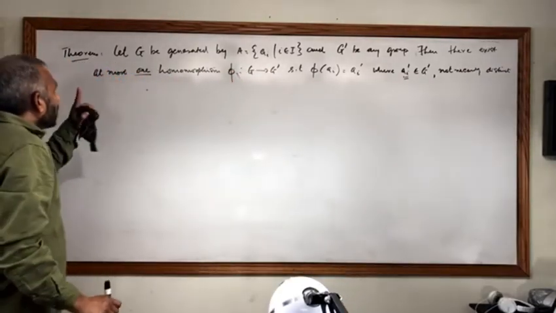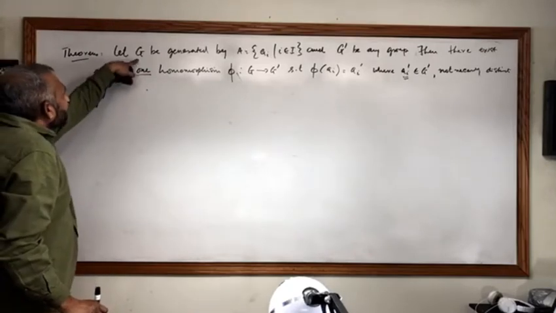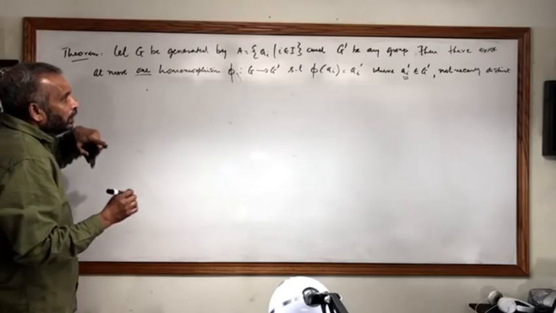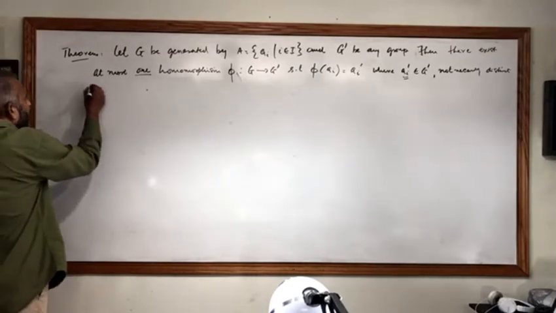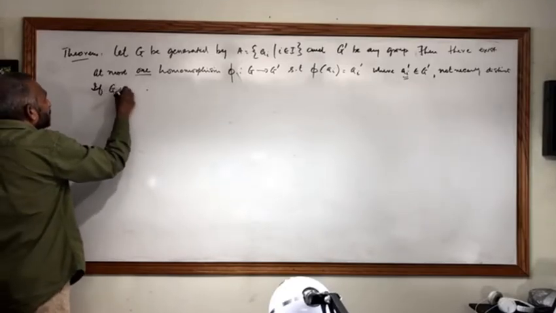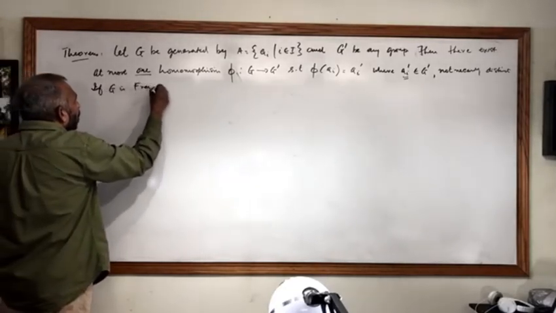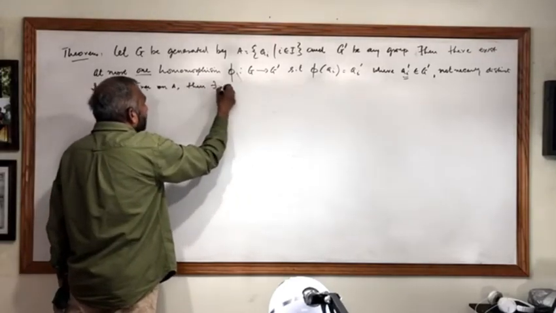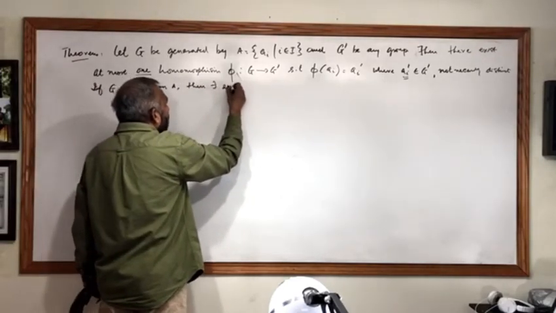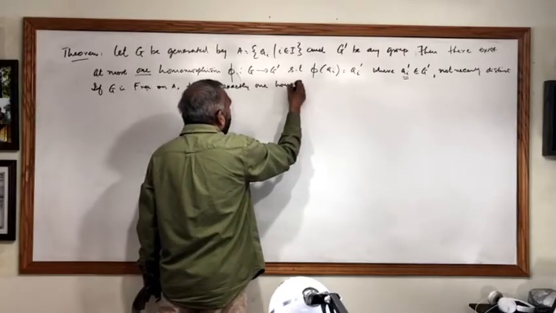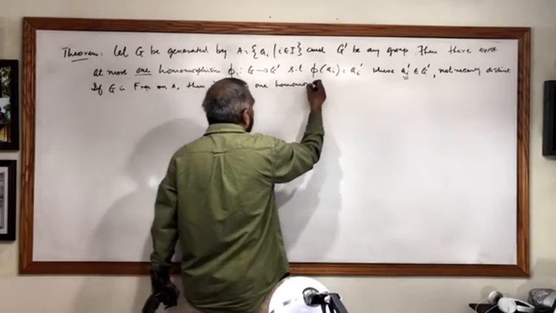See, here we are not saying that G is a free group. One more part of this theorem is: if G is free on A, then there exists exactly one homomorphism.